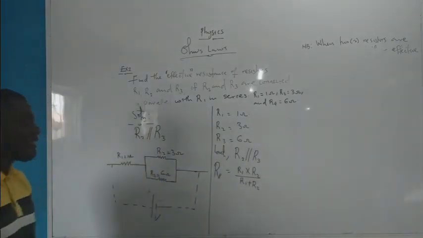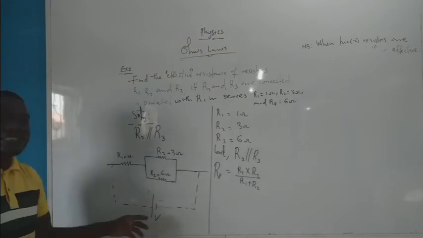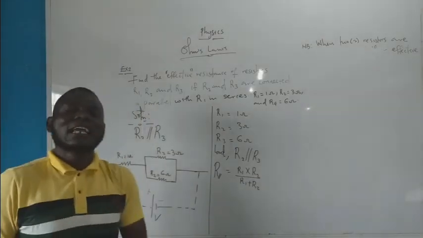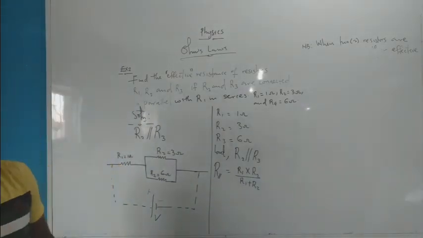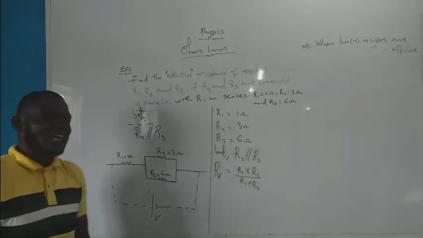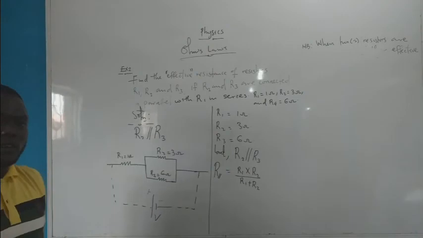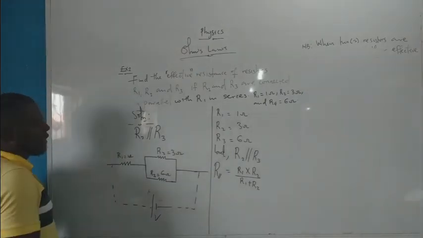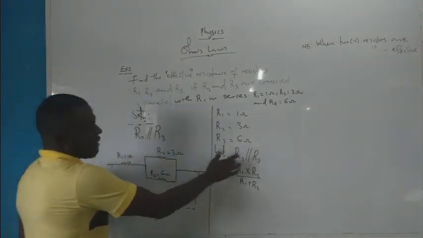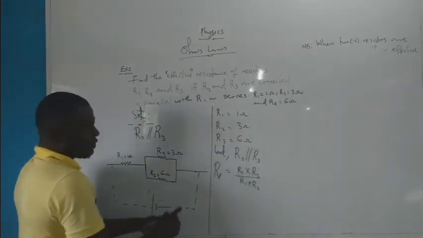Don't forget that I said, when two resistors are connected in parallel, the effective or total or equivalent resistance will be R1 times R2 over R1 plus R2.